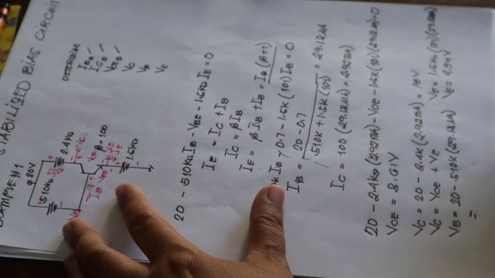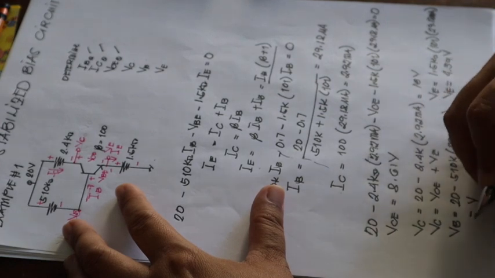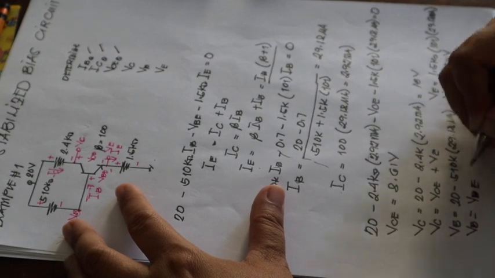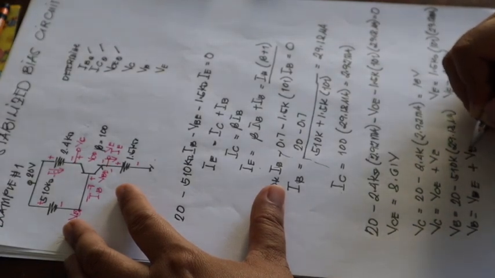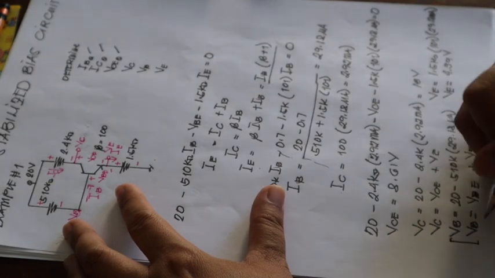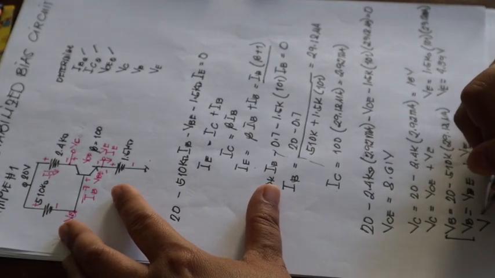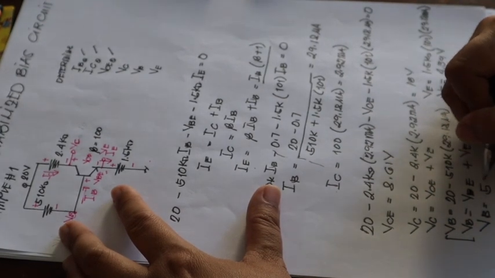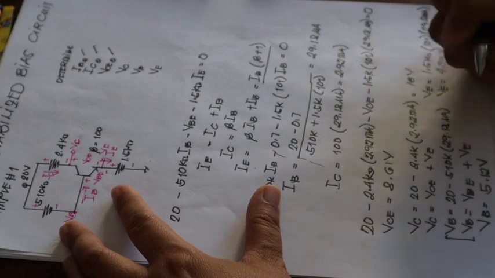Or, pwede rin naman na VB is equal to VBE plus VE. So, any of these two, dapat ang magkukuha nating value ng VB is equal to 5.12 volts.